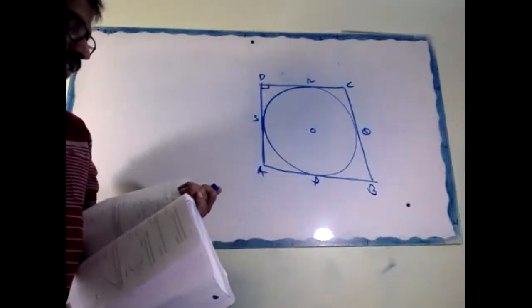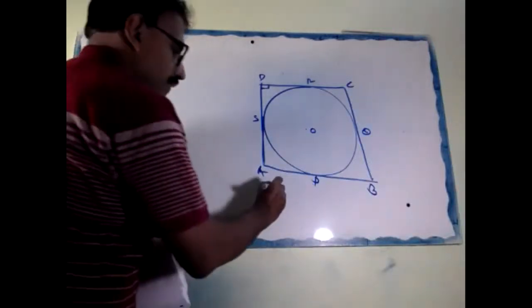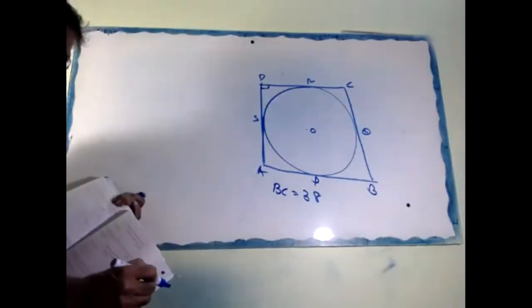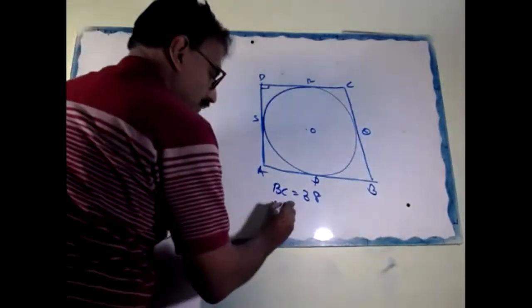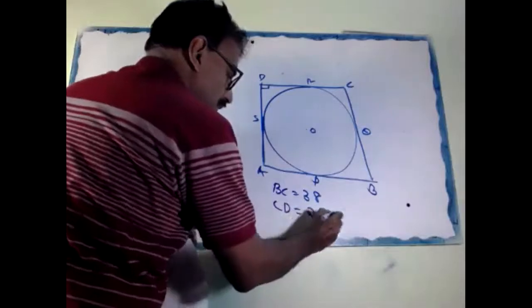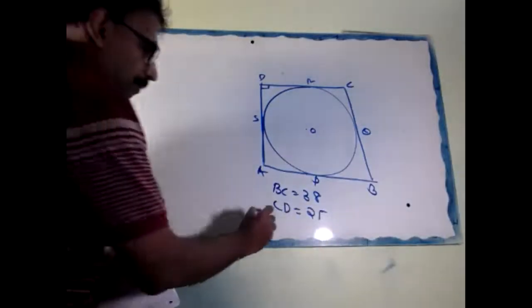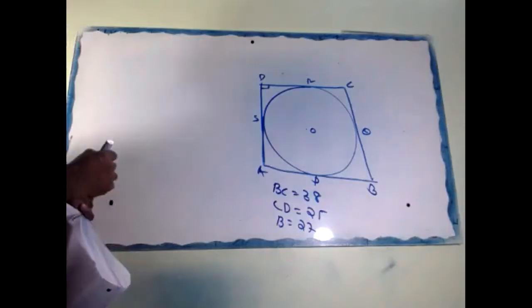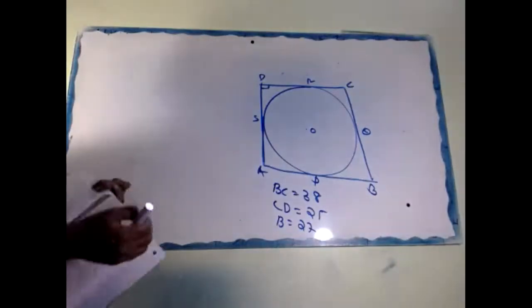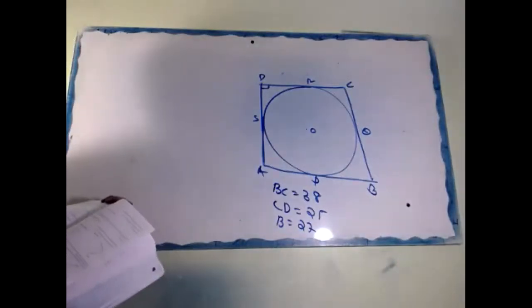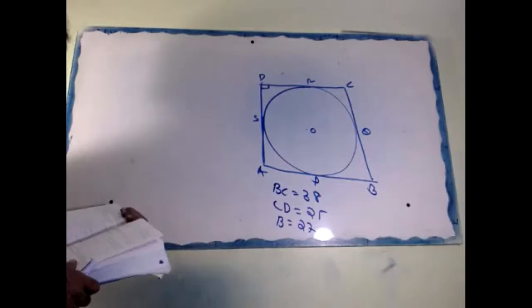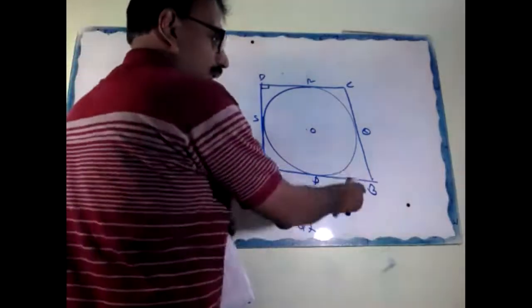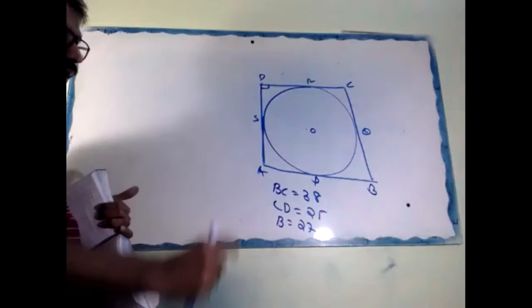If BC equal to 38 centimeter, CD 25 centimeter, BP 27, find the radius R. Once again, ABCD is a quadrilateral.